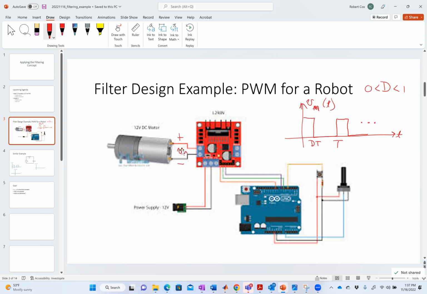If I wanted it to go faster, you said I needed to apply more DC voltage. How could I change the DC voltage here? There's a DC component to this, right? How could I increase the DC component of this? How could I make the DC component of this VM bigger? What could I change about this?